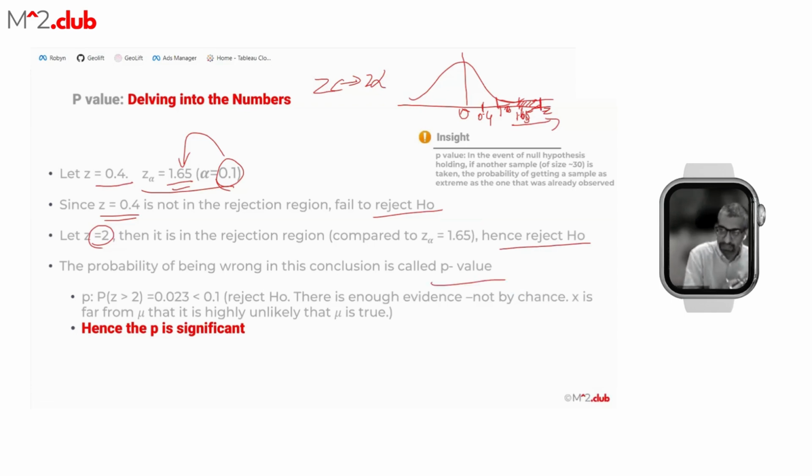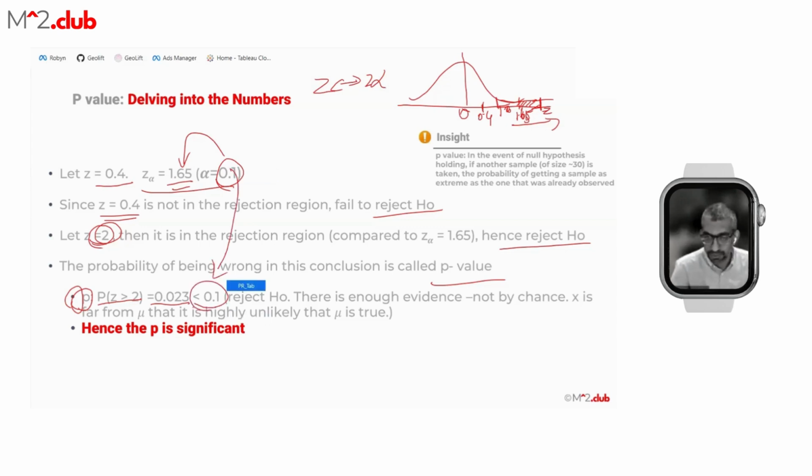A very simple implementation is provided here, right? The question is, what is the probability that the Z that we computed is greater than 2? Because we computed it to be 2, what is the probability that it was greater than 2? The probability of Z being greater than 2 is 0.023. This can be obtained from the standard normal plots, or from a spreadsheet formula. And this is less than 0.1. This 0.1 comes from the alpha value.